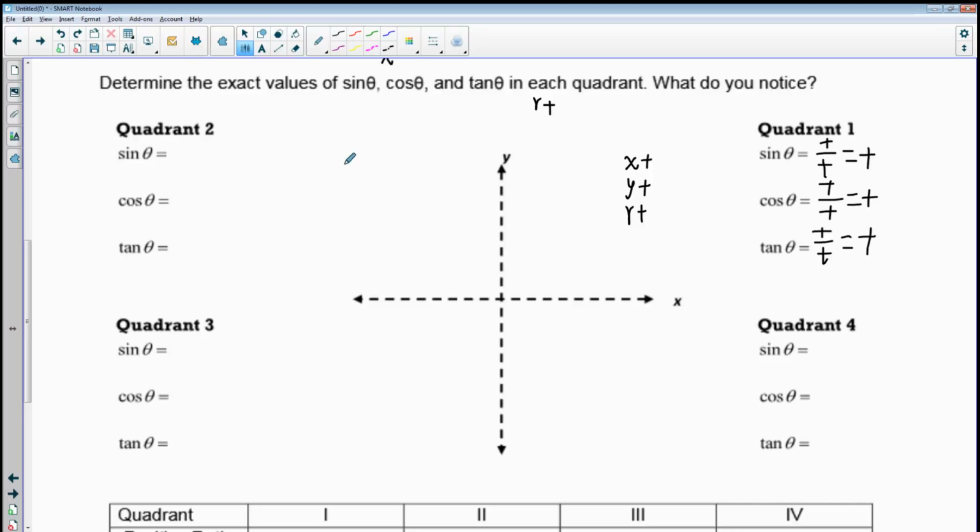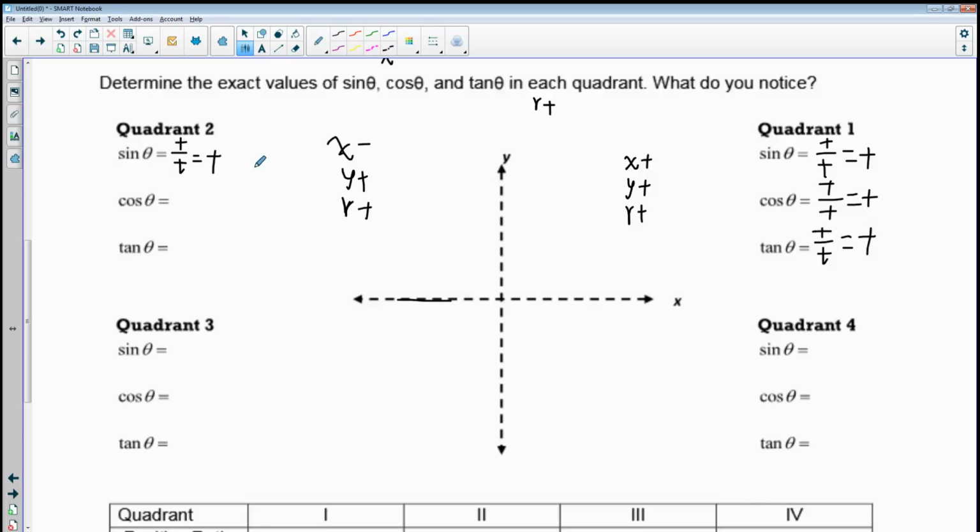That is not true in quadrant 2. In quadrant 2, x is now negative, but y is still positive, and r is always positive, of course. So sine is y over r, both positive. Sine remains positive.